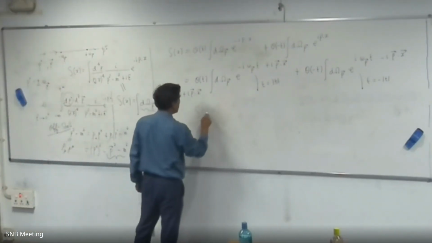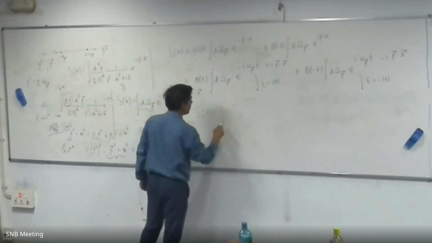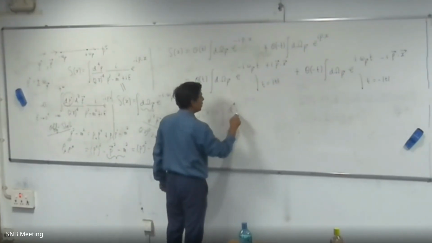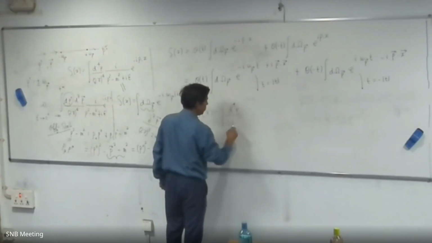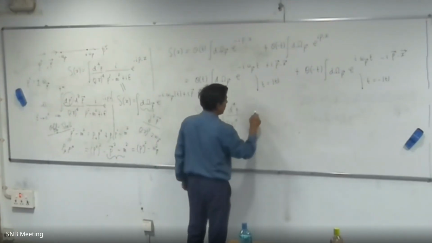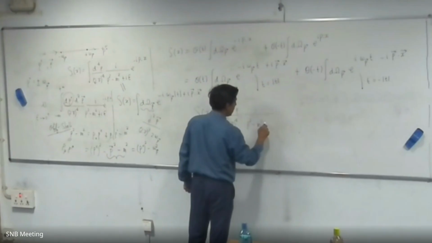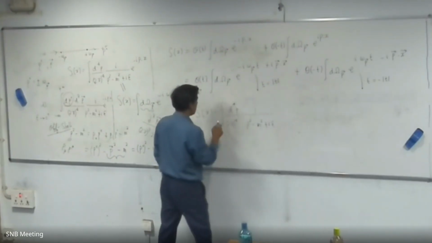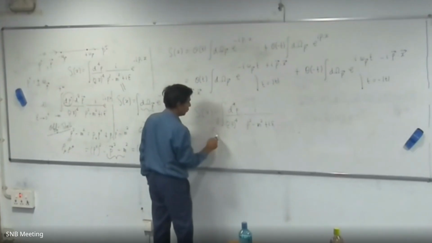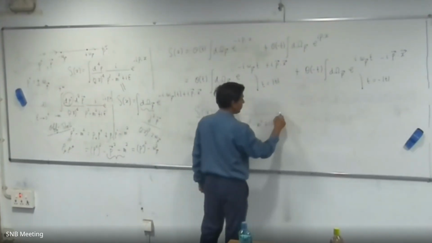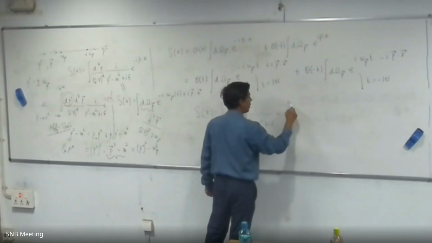S(x) is basically equal to the integral d^4p over (2 pi)^4 of i by p square plus i epsilon, obviously with the limit epsilon going to 0 from the positive side, times e to the power of minus i p dot x.